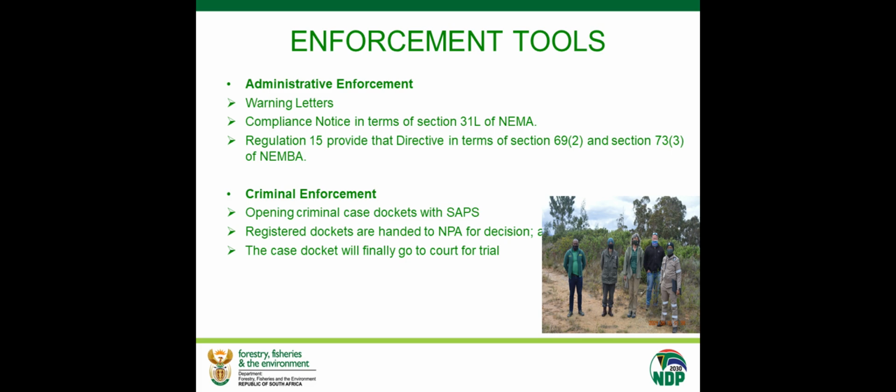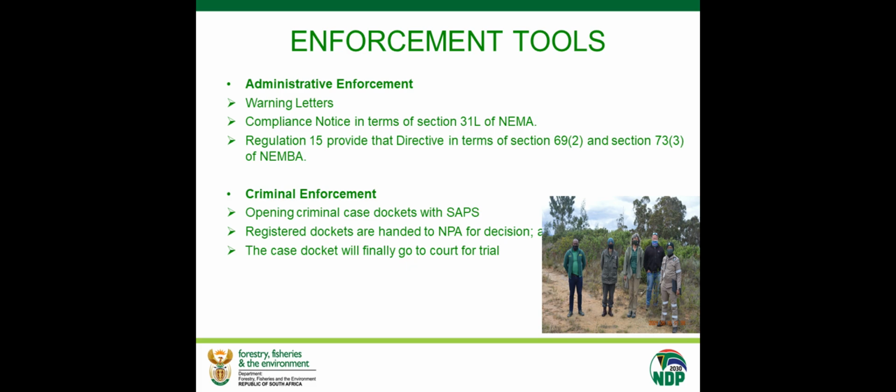If you are not complying with the compliance notice that has been issued to you, we take the next enforcement action, which is the criminal way. We have tried everything. We have tried to communicate with you, to give you the guidelines for the control plan, to give you the permit application, and to send you emails back and forth, and then you decided not to comply. We go the criminal way now.